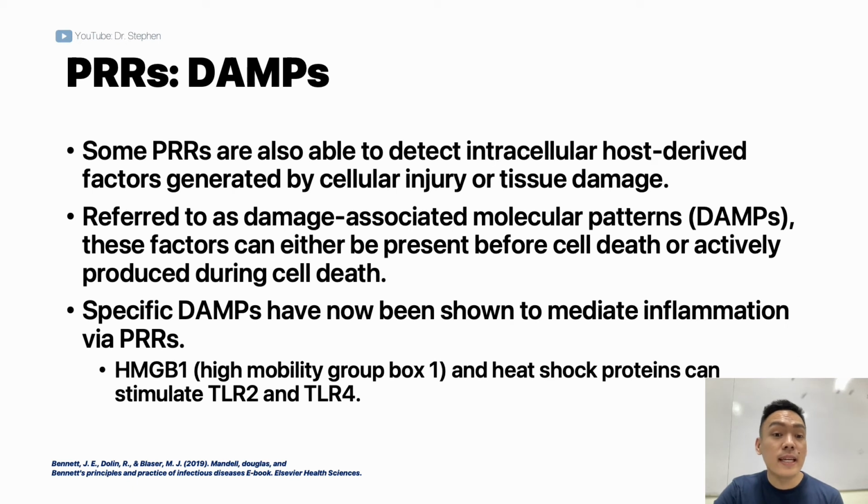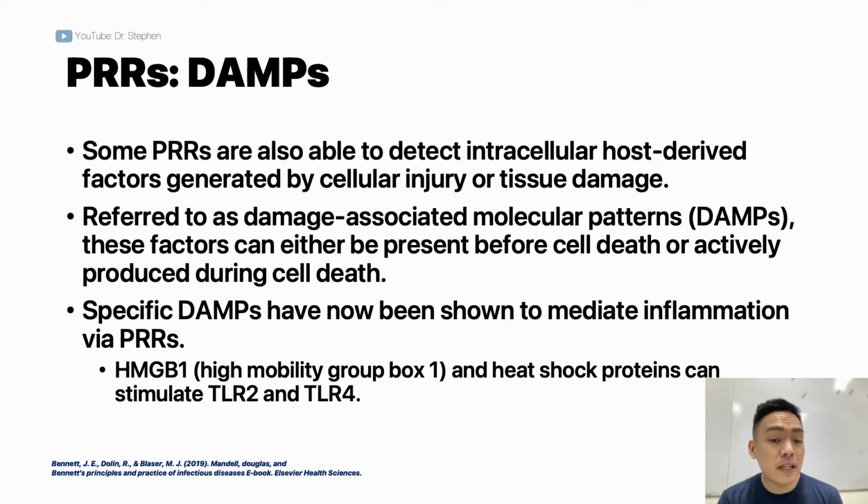Although accumulating evidence suggests that DAMP recognition can mediate aspects of innate and adaptive immunity, further research is required to better understand the extent to which DAMPs can fully substitute for PAMPs in initiating immune responses, or whether they more often operate in combination with PAMPs to elicit an immune response in the context of infection.